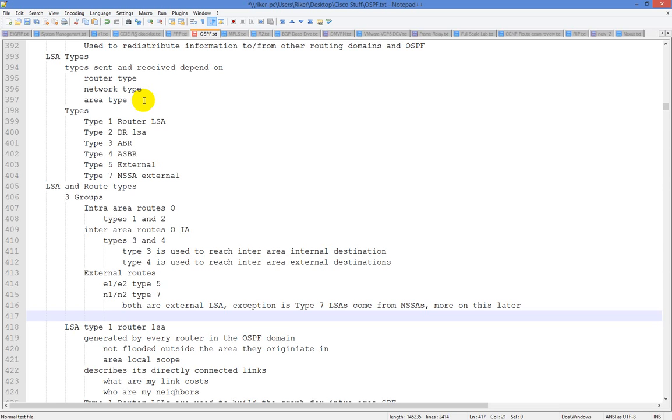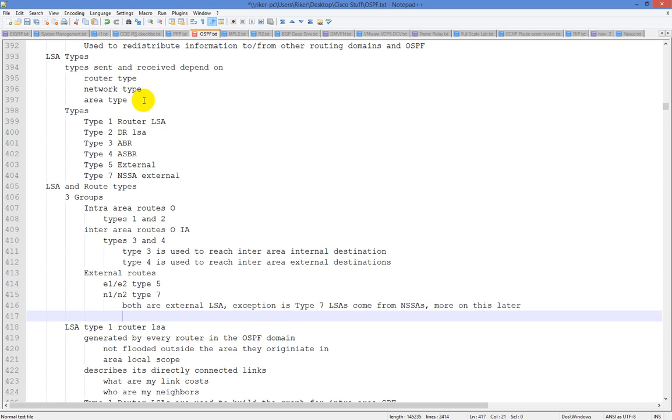If you were to look at that, you would recurse to your Type 3 LSA to reach the Type 1 LSAs that are being advertised by the internal router in the other area. So you recurse from highest to lowest. You go Type 3 to Type 1 because you're trying to reach the router LSA that's being advertised by the node in the graph.